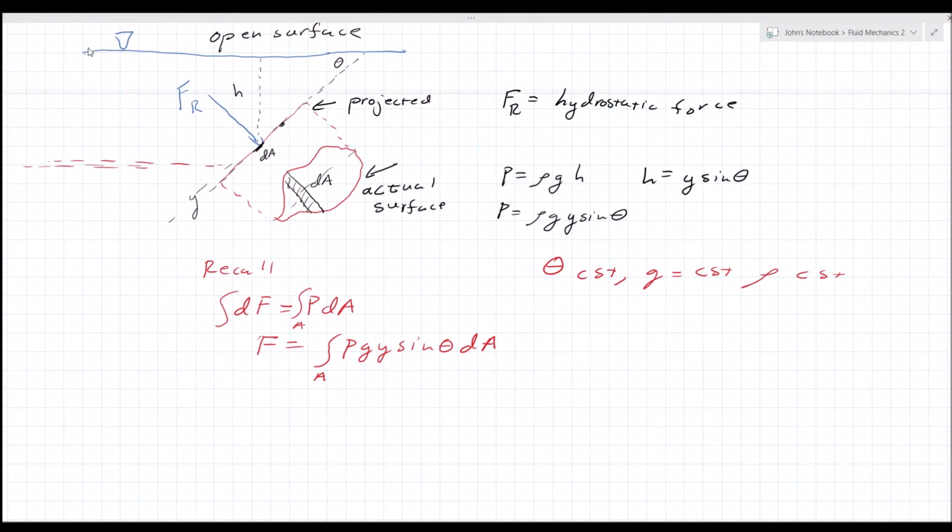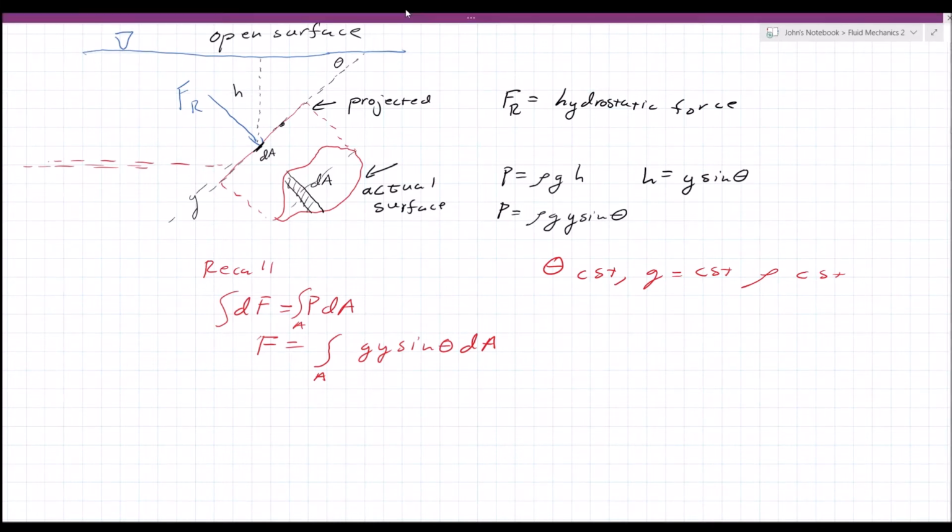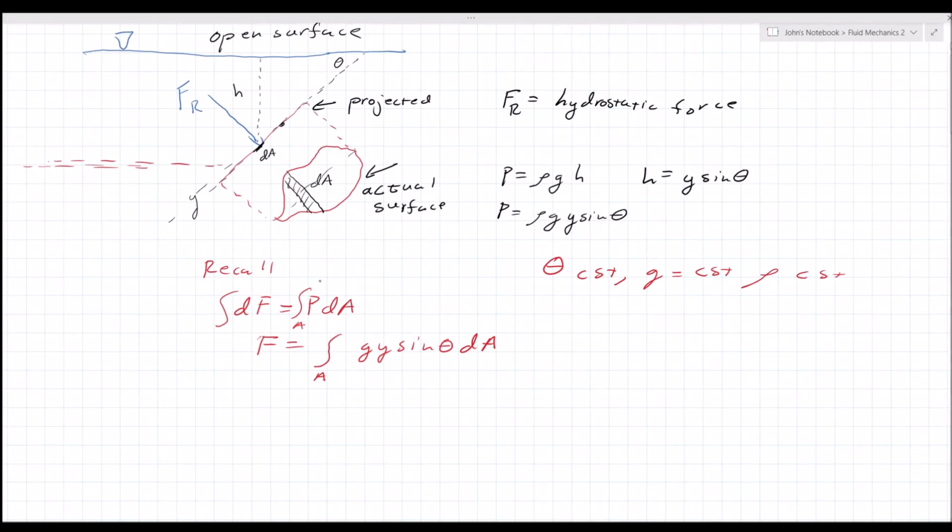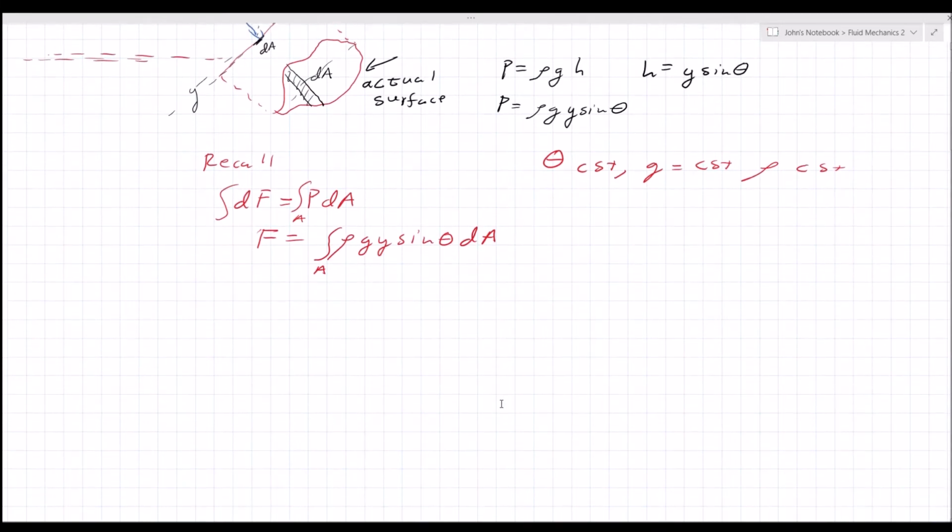Here, I'll change this P to look more similar to rho. There. So let's do the integration. Pull everything out that we know. So rho g sine theta times the integral of y dA.